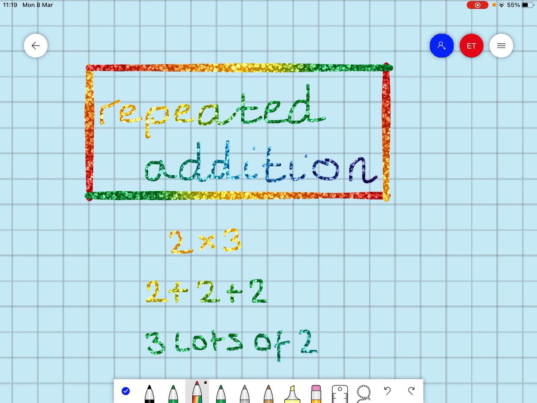So 2 add 2 is 4, add another 2 is 6. So if you're ever struggling with your multiplication, or you feel like you haven't learned your times tables well enough to just know it, then use repeated addition.